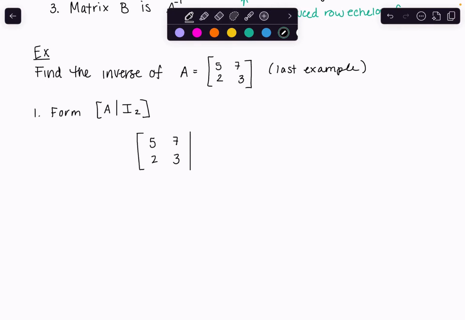And then on the right-hand side, we have a 2 by 2 matrix with 1s on the diagonal, 0s everywhere else. Now I want to get this side to be the identity. So my second step is to use row operations to turn A into I2.